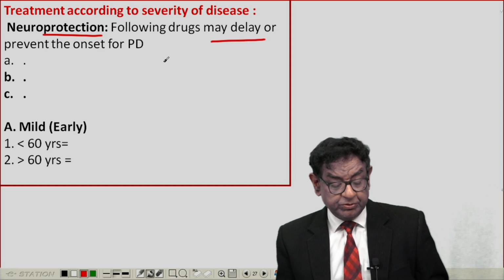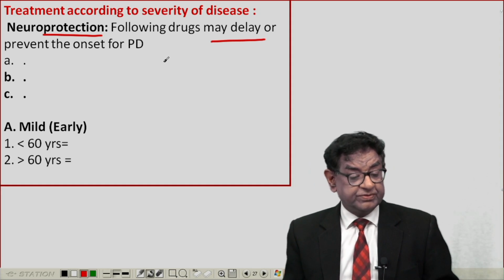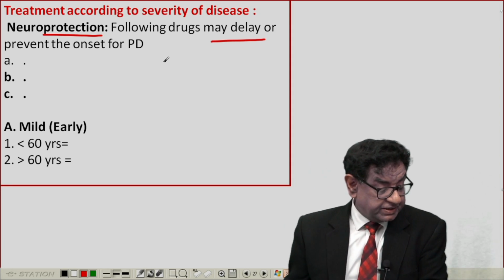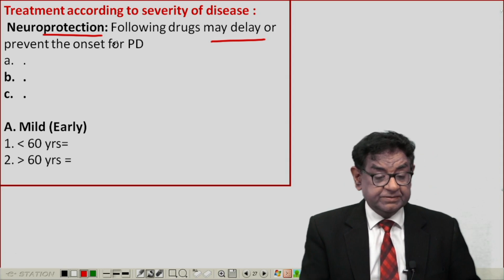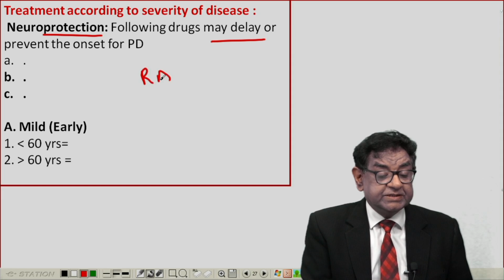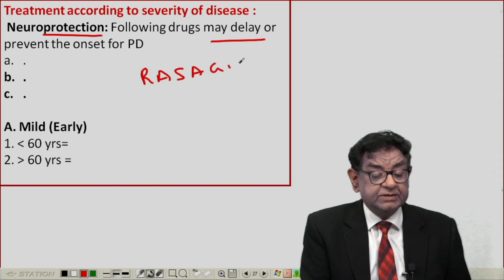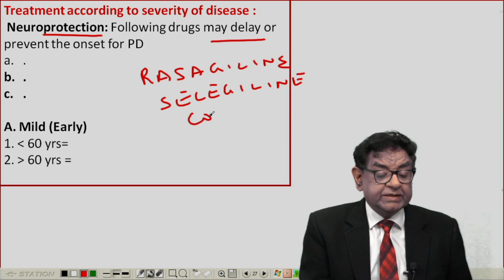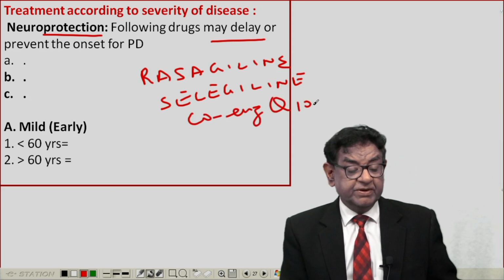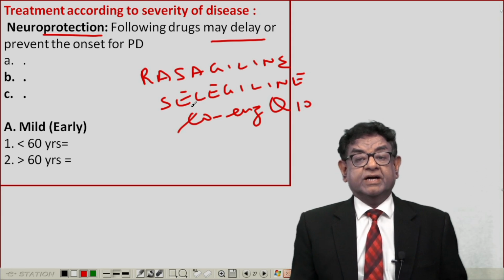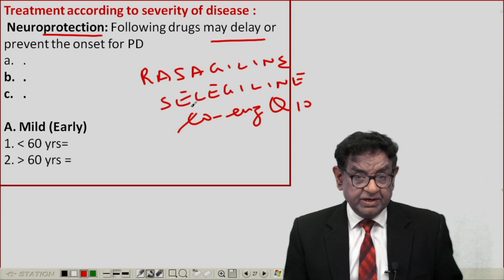They are simply going to delay the progression of that disease. And the drugs that we use in this category are selegiline, rasagiline, and coenzyme Q10. Something very interesting: this is a drug which, they say, if you use it really delays or slows down Parkinson's disease.